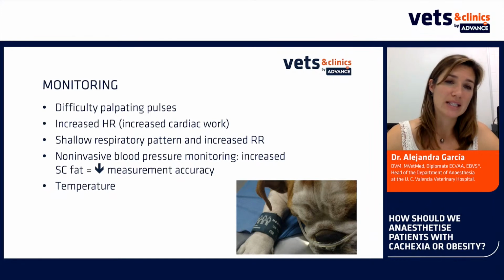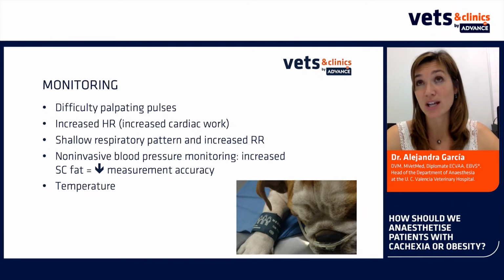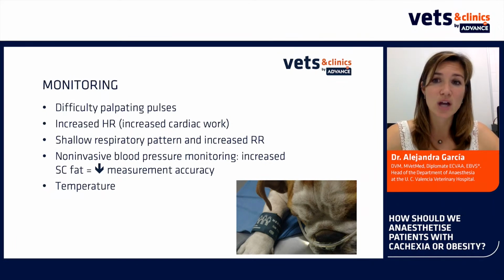So we will normally see tachycardia in these patients. They will have a shallow respiratory pattern and an increased respiratory rate because of the respiratory depression effects of anesthesia, but also the physiopathological changes that we have already spoken about in these patients.